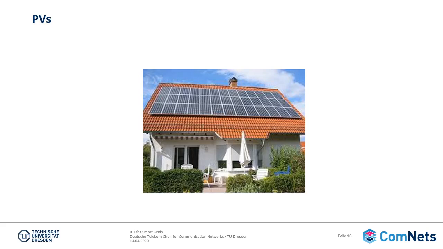Now, the second of the new players that are being introduced in the smart grids are the PV panels deployed at the user side. So at home, users are allowed to deploy solar panels in order to support their own personal power demand, as well as sell it back to the main power grid.